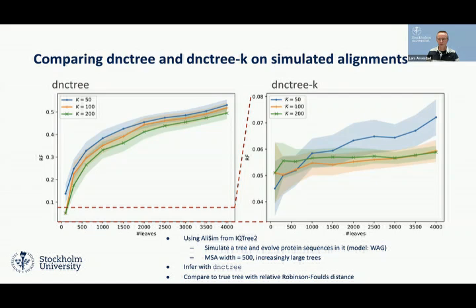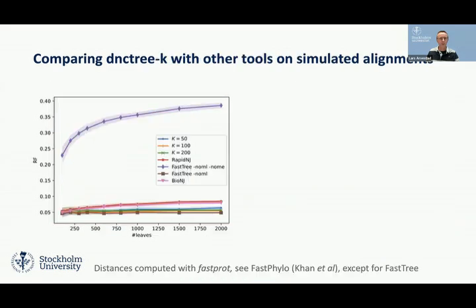So further investigation was needed, and I started comparing with other methods. RapidNJ and FastTree, which is a tool that many people like to use for large instances with many sequences, and BioNJ for a high quality true neighbor joining method.